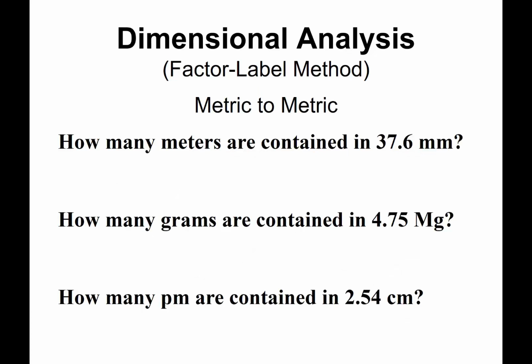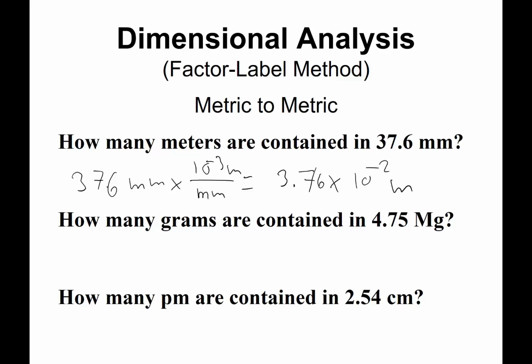Okay, let's work a few more. How many meters are contained in 37.6 millimeters? 37.6 millimeters, and 1 millimeter has 10 to the minus 3 meters, so moving the decimal, it is 3.76 times 10 to the minus 2 meters.